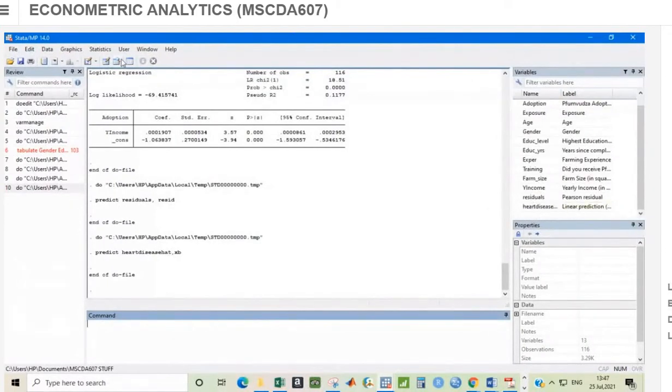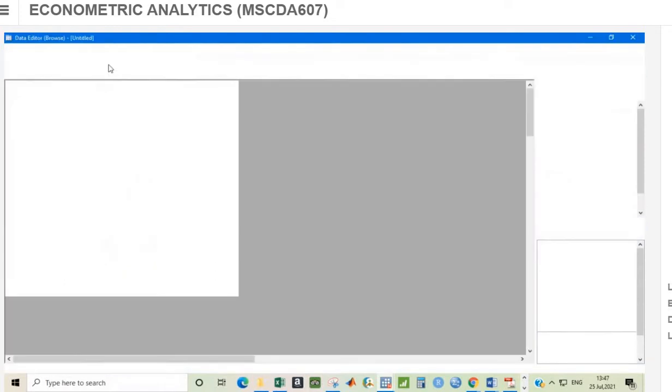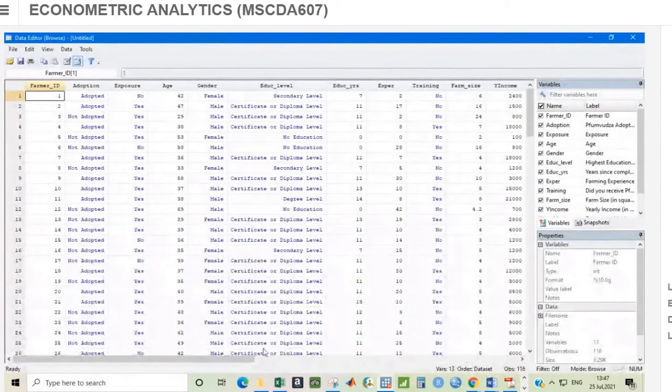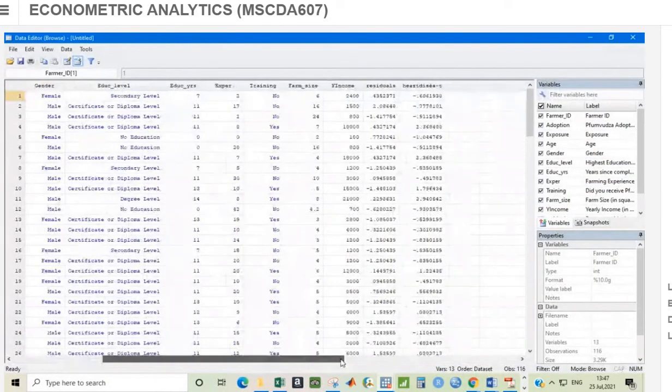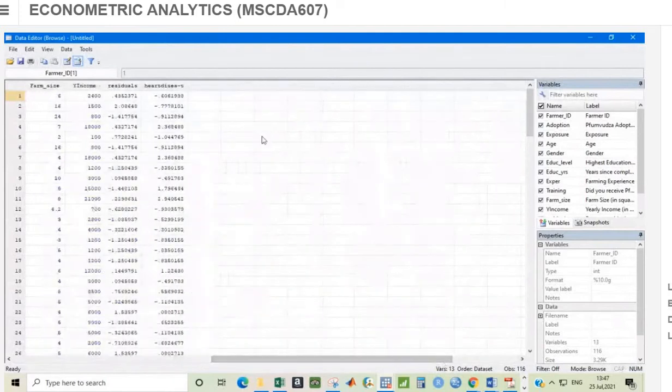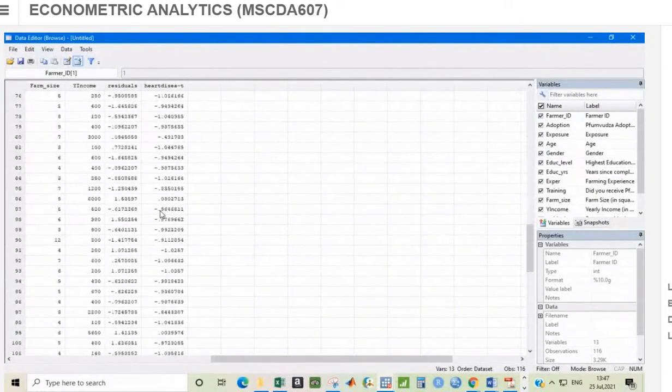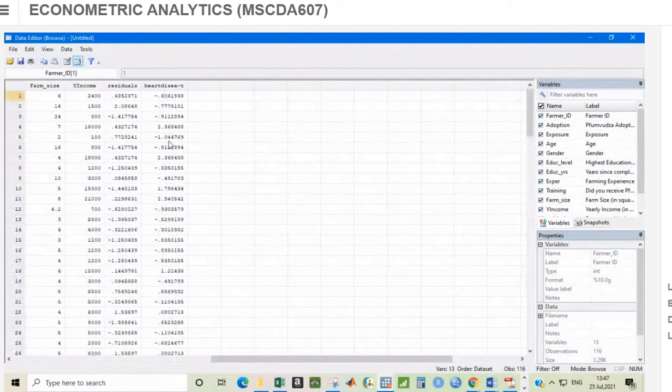So let's go to data, the browse mode. The head is here. These are the predicted ones, but these are not probabilities.